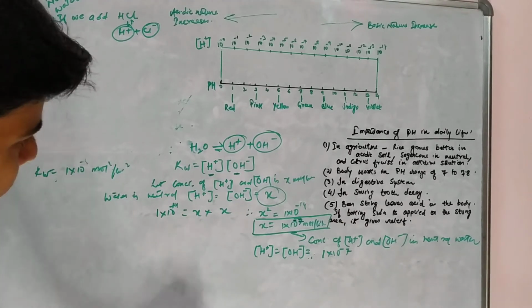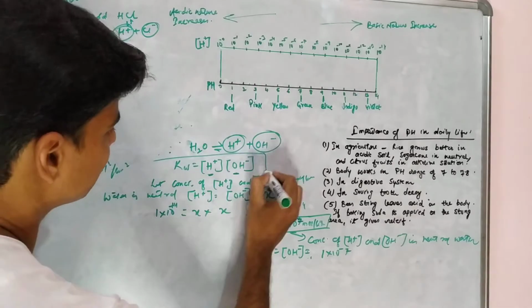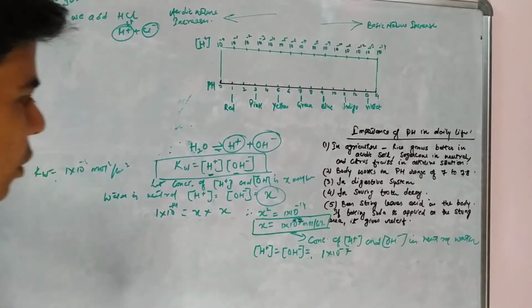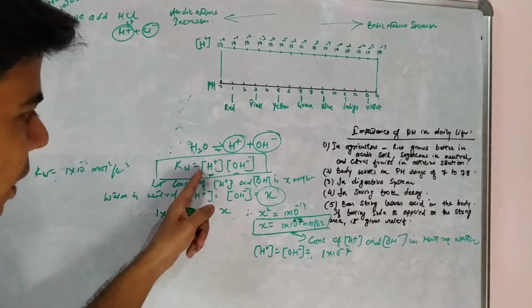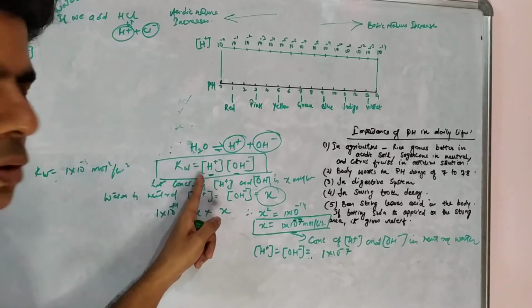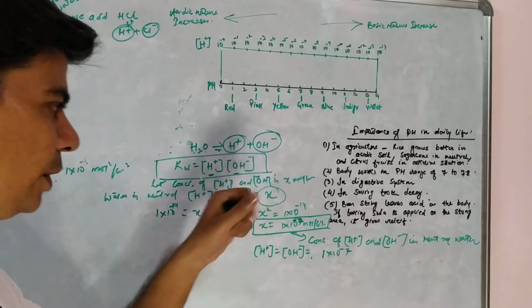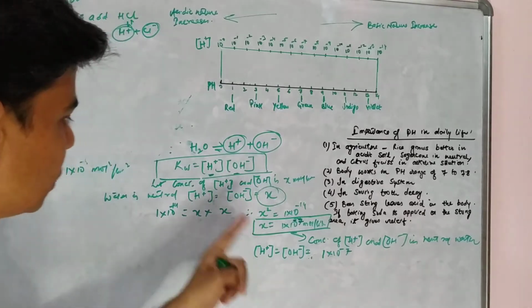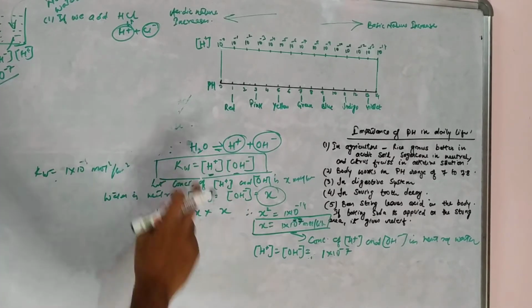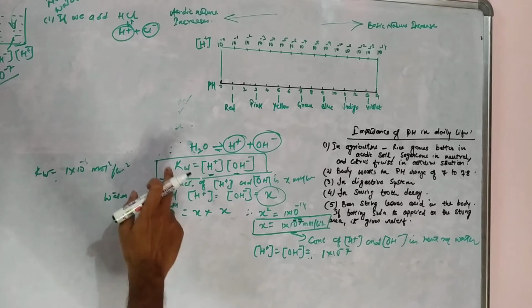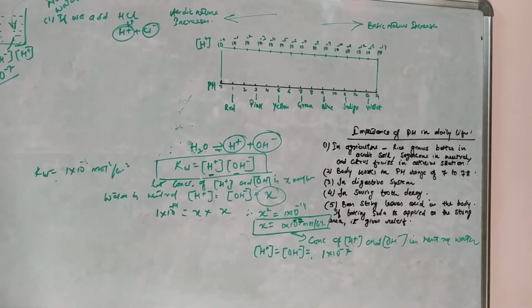Why? Because Kw, the ionic product of water, is a constant quantity. If hydrogen ion concentration increases, the OH concentration will decrease, so that Kw remains constant.